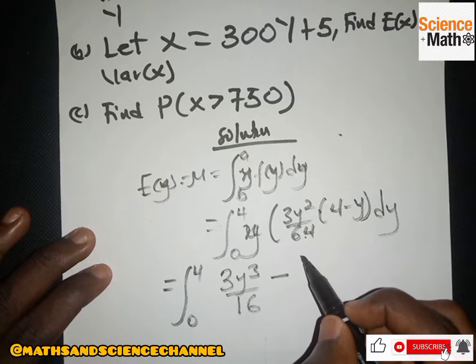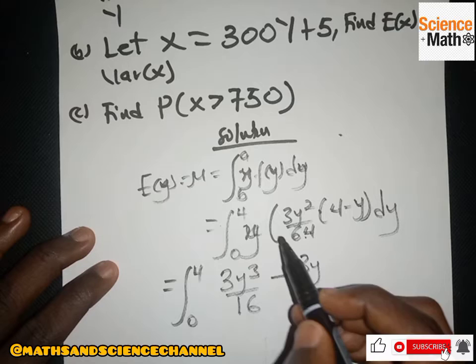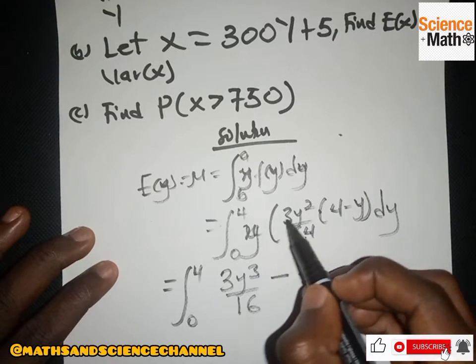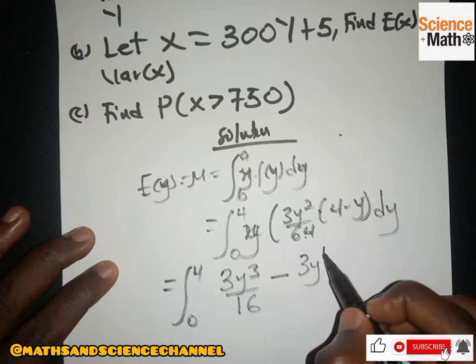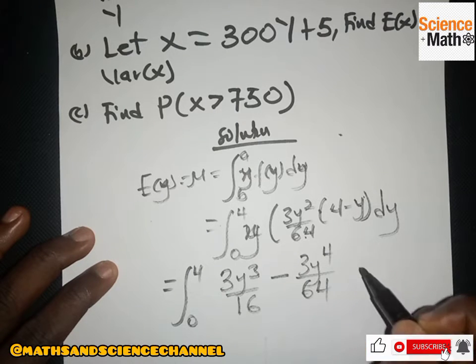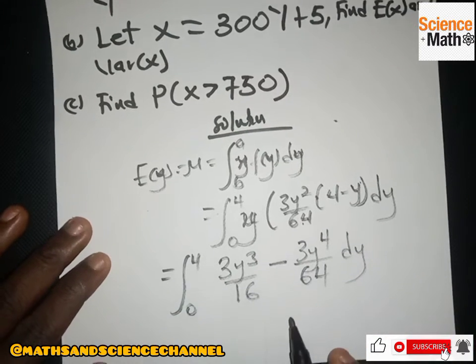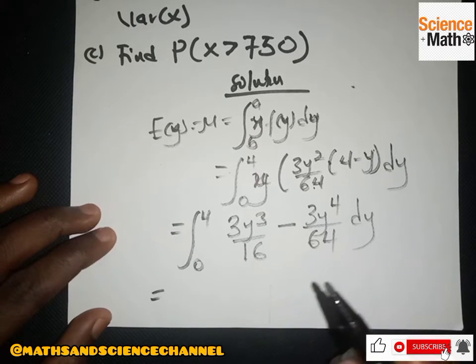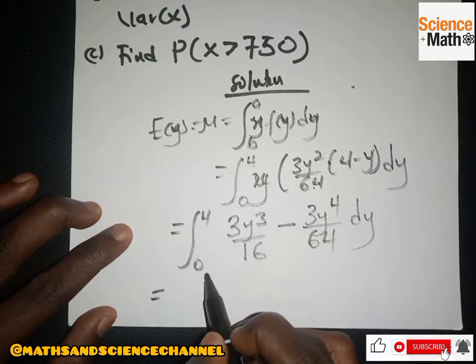So we have 3y to the 4th power divided by 64, and then dy in this case. Good.